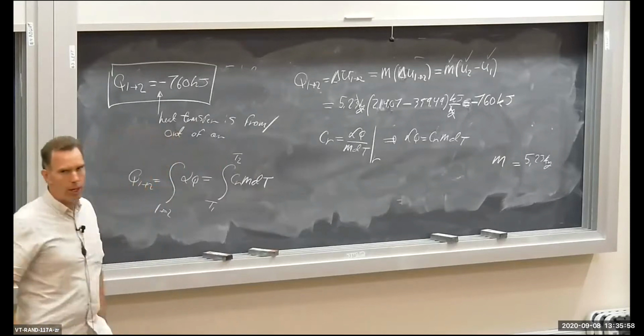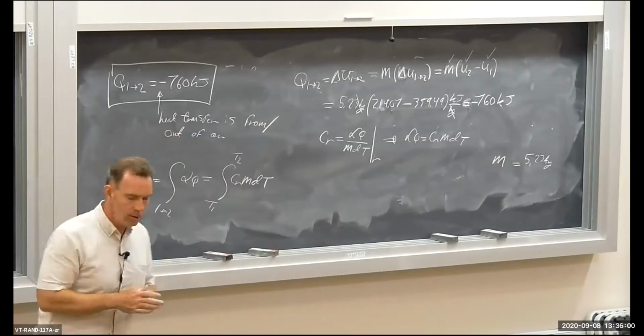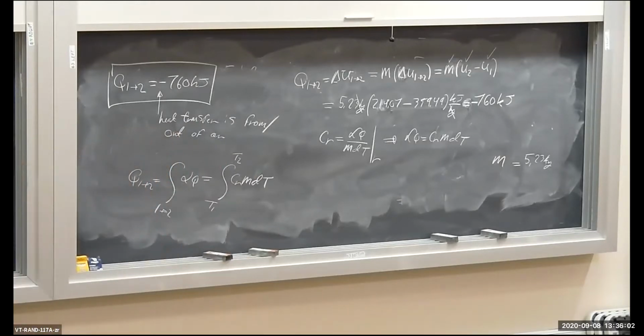Now I'm going to do a little hand waving here, and I'm going to assume constant specific heats. Let's see if we can assume constant specific heat over the process to at least get a ballpark answer.